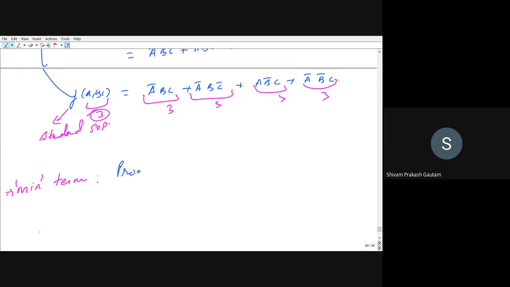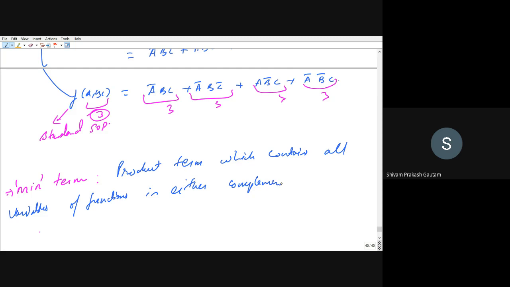A product term which contains all variables of the function in either complemented or uncomplemented form, right? So you can see what a min term is: a product term which contains all the variables of the function in complemented or uncomplemented form.